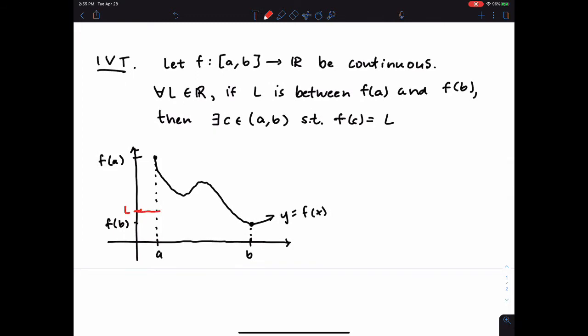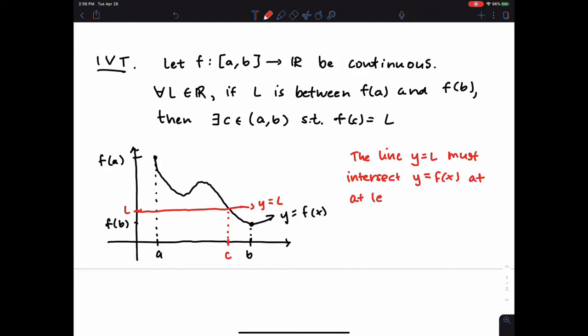So what you can do is you can take a line at y equals L, and what you should see is that that line has to intersect your curve at least one point, C. So writing that up, the line y equals L must intersect y equals f of x at least one value C in my interval AB.